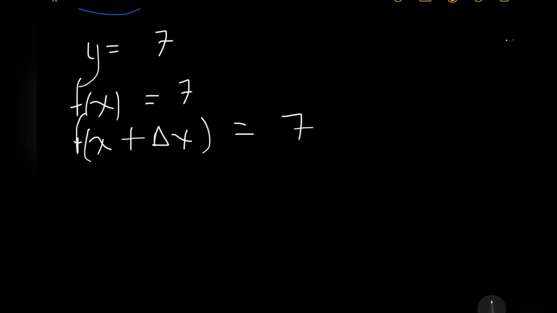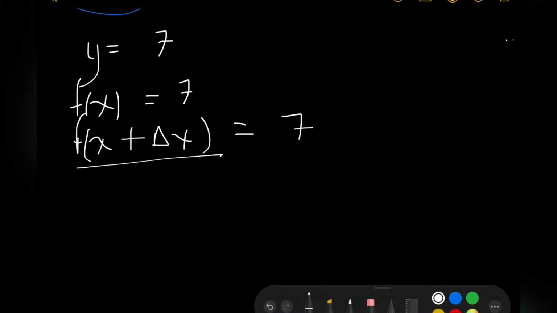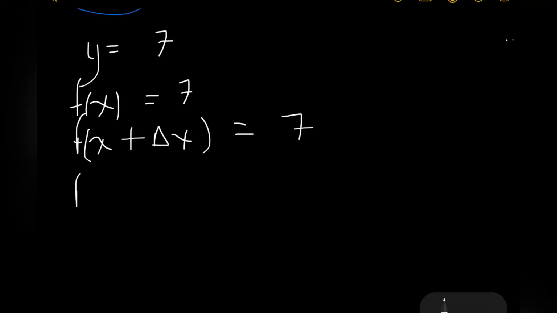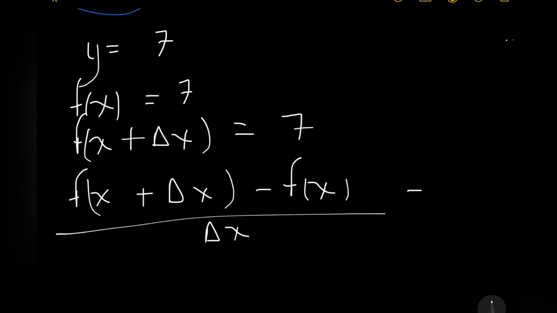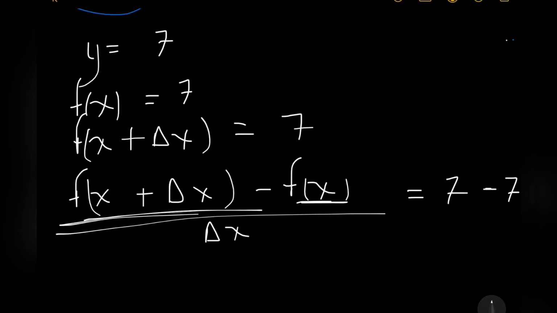Our next step is to subtract f of x from this and divide that by delta x. So f of x plus delta x minus f of x over delta x is equal to 7, which is this portion, minus f of x, which is also 7, over small change in x.